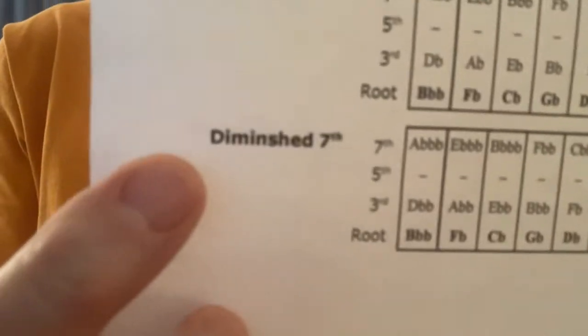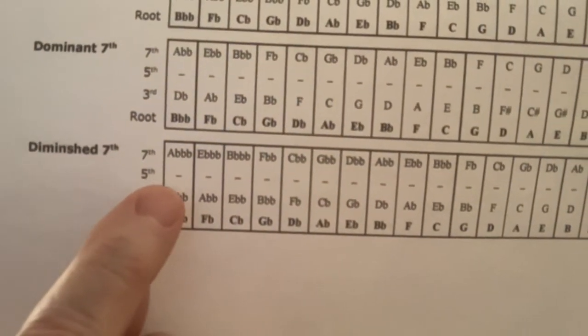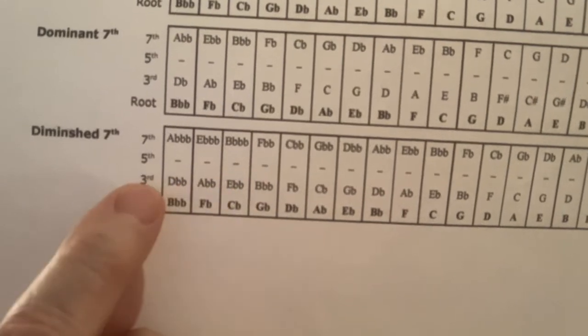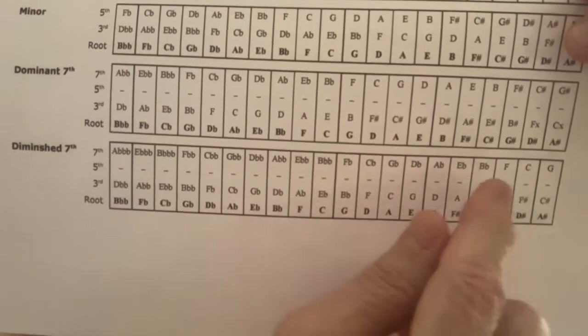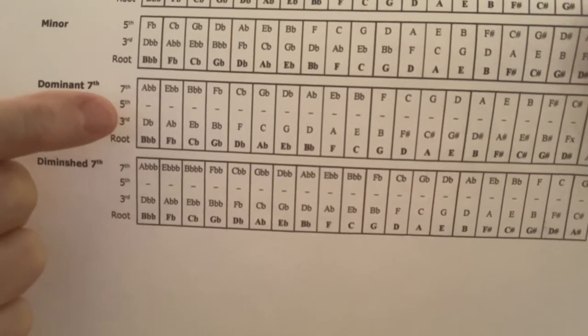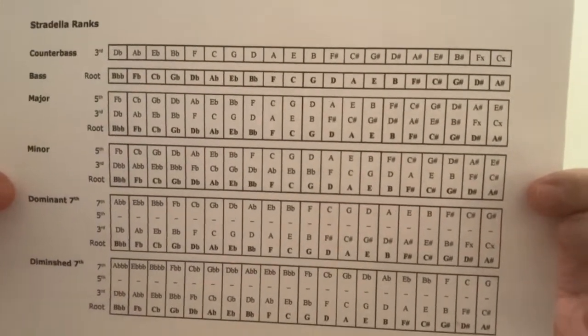Now for the diminished 7th chord, you see here also the N dashes, that clearly indicates that those fifths are missing. So the fifths are missing here, and they're missing here, but you still have consistency.